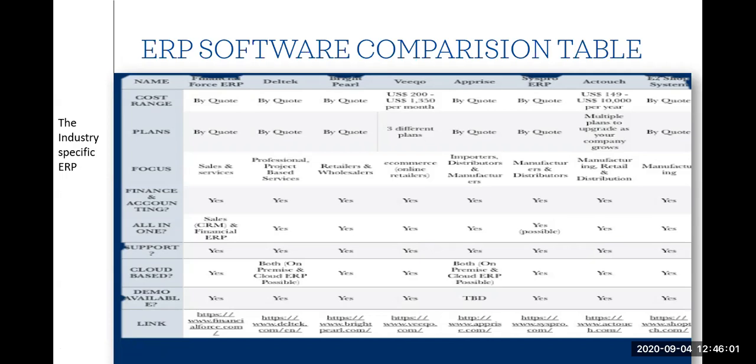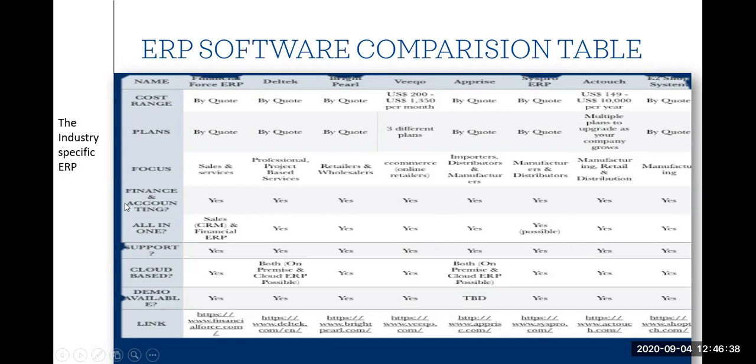ERP software comparison table. Now these are industry specific. I've taken this from one book, the ERP guide, whose author is American, Mr. Giancarlo Jimenez. In India, we do have industry specific software. Cost range, plan, focus, finance, accounting.